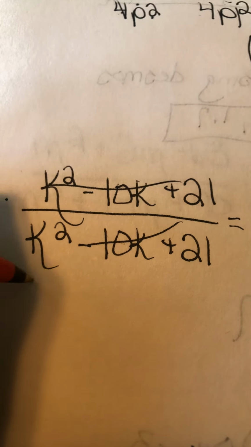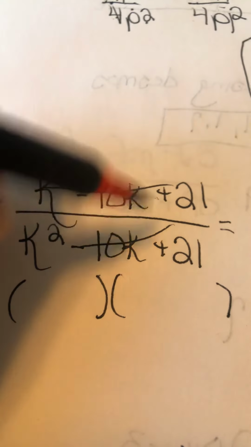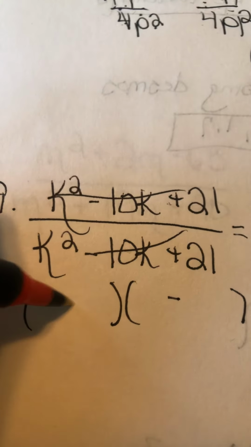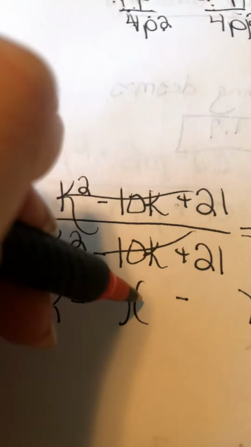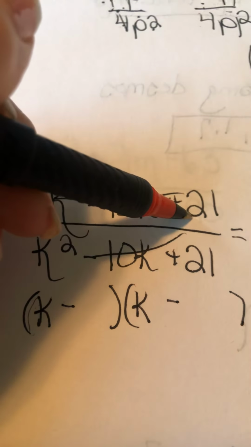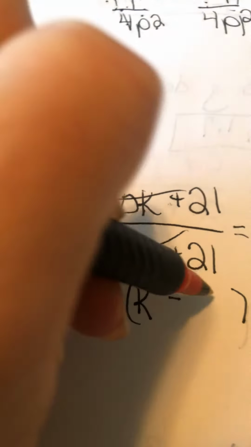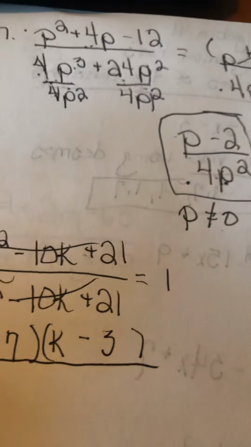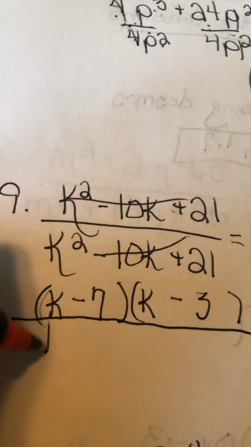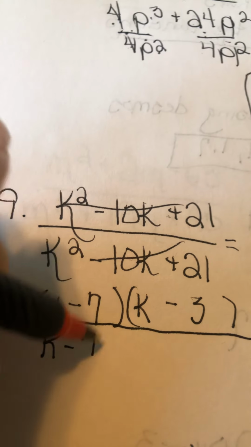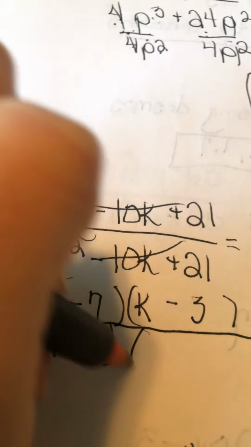So we know here that both our signs are going to be negative because our 21 is positive. And then we want factors of 21 that add to 10, which would be 7 and 3. And that's going to be the same for both the top and the bottom. And of course, we know they're still the same, so it's still going to equal 1.